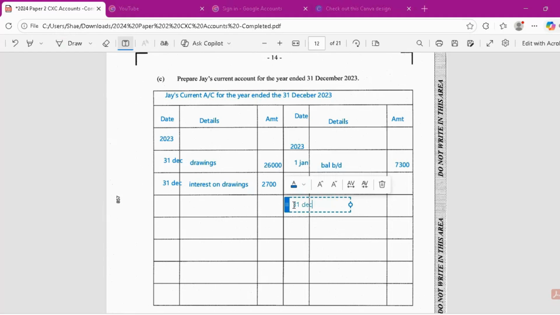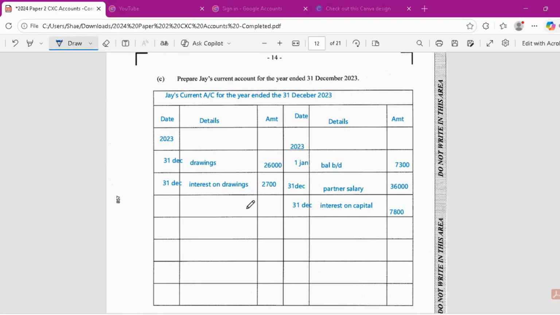The partnership salary was 7,300. Sorry, was 36,000 and 7,800 for interest on capital, which will give us all the items that we have to put in his current account.